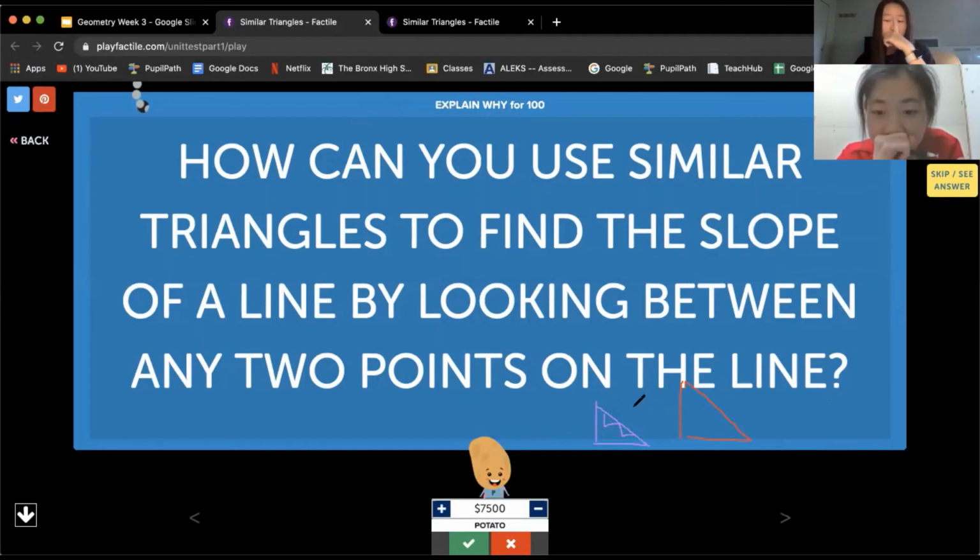Is that what they meant? Yeah, they meant they have to be on a coordinate grid and there are two triangles, like the question we did before. They are all on a coordinate grid.